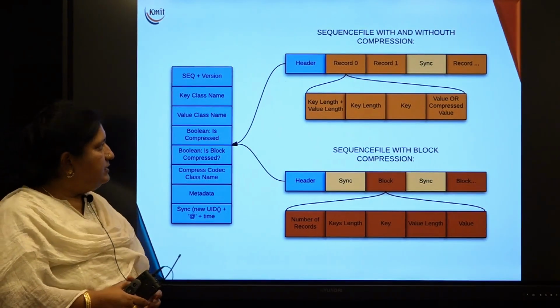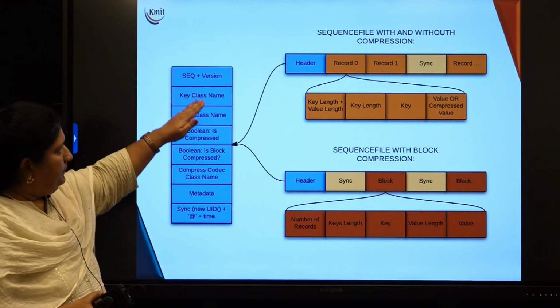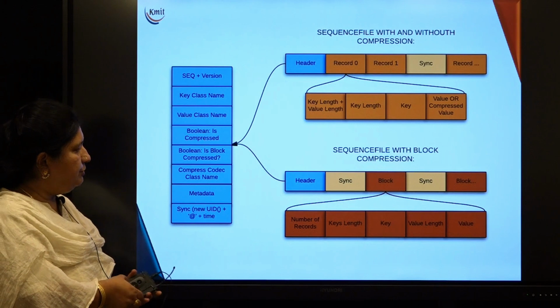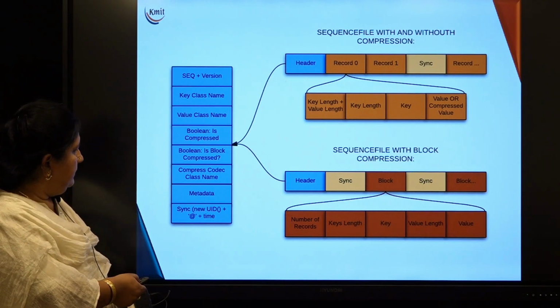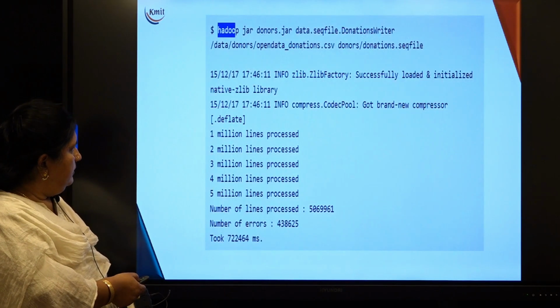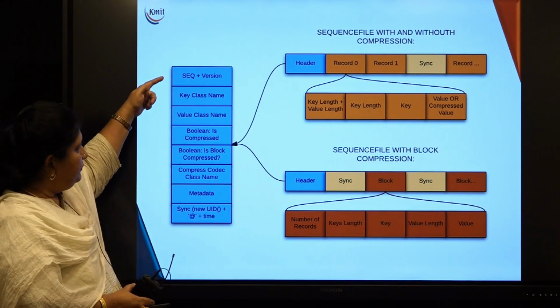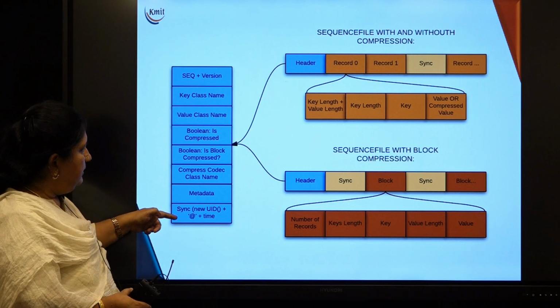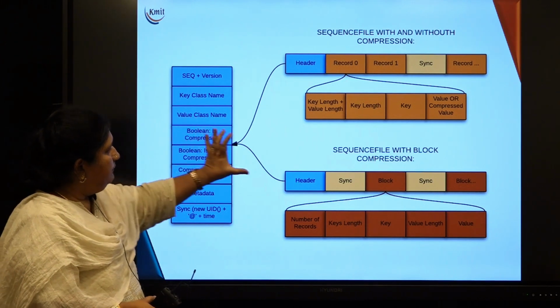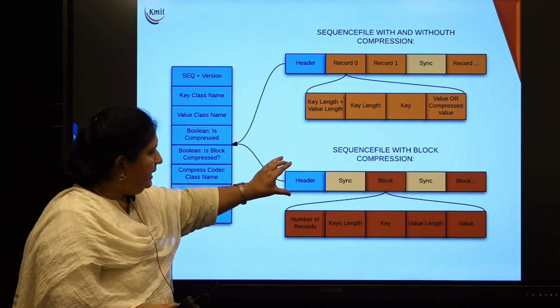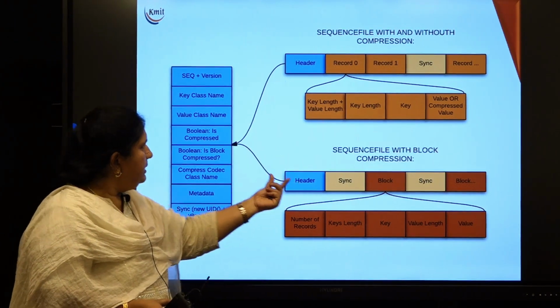Now, a sequence file, generally with and without compression, looks like this. The same diagram I have shown with this. If you identify the sequence file, the header will be like this. Entire information will be maintained in this header. In the diagram I am just showing it as header. What exactly are the contents of the header?